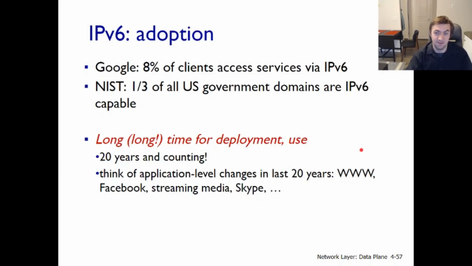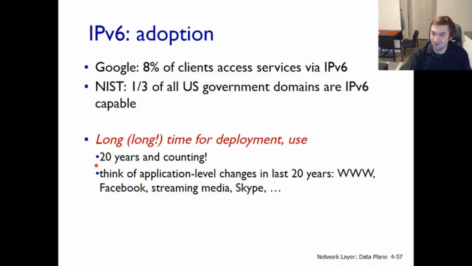Now, how is IPv6 actually doing right now? Statistically, Google has about 8% of its clients accessing service via IPv6. So, you do the math, that's not most of them. And 1/3 of all US government domains are IPv6 capable. So, once again, not most of them. And this is a thing that's slow in coming. At this point, it's 2020, so it's 25 years since IPv6 was originally introduced.